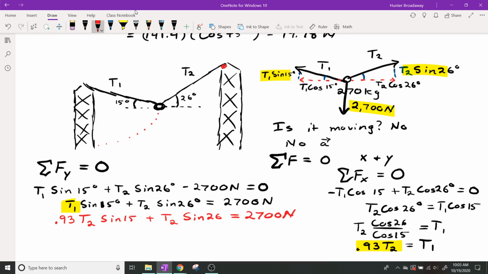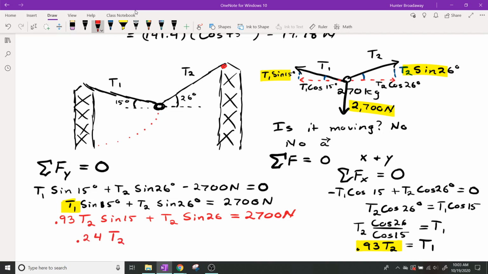Sine of 15, if I put that in the calculator, comes out to 0.26. So it's 0.93 times 0.26, which means I get 0.24. If you multiply sine of 15 times 0.93, do you get 0.24?